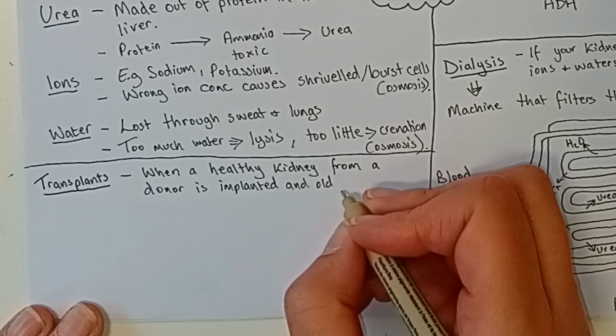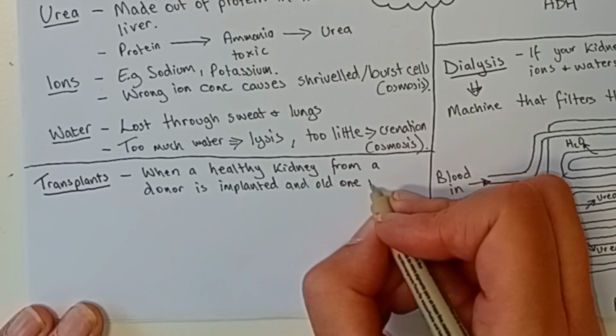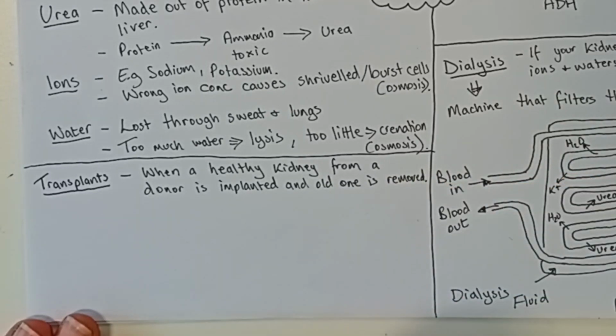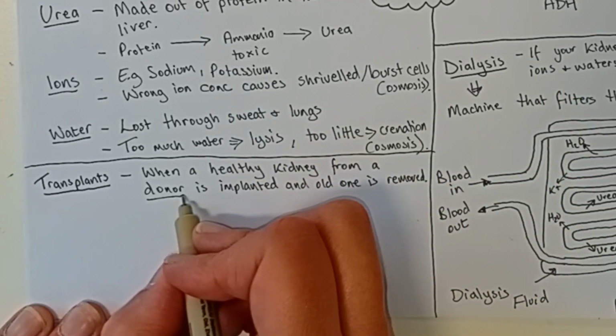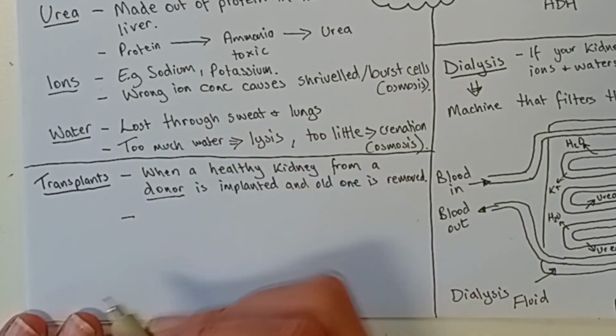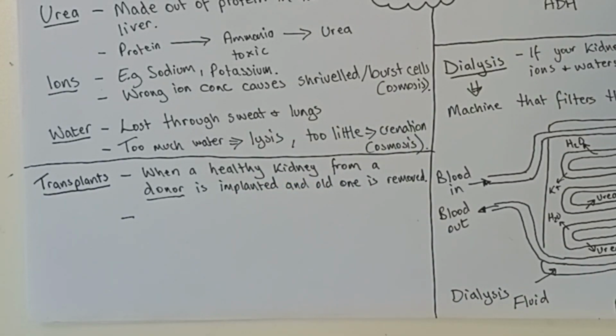And the old one is taken out or removed. Now, obviously, the issue with transplants is that you need a donor. Donors, so somebody that can give you their kidney, can be dead, okay? Or living people can donate a kidney because you've got two kidneys and your body can function fine on one.